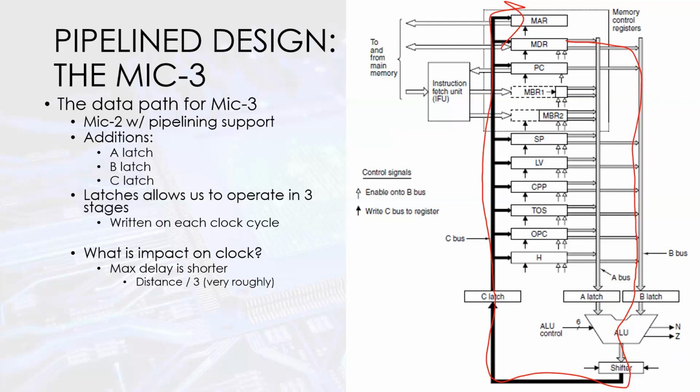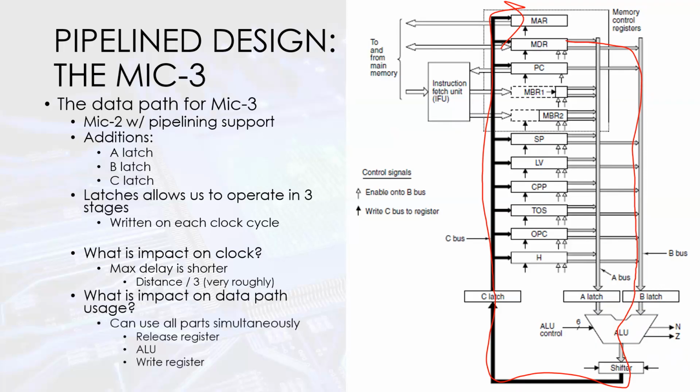It may or may not be exactly a third, depending on how we're able to break it up, but that's the general idea. And the impact on data path usage is that now we can use all three pieces of the data path simultaneously. Before, we were outputting data and executing something in the ALU, but whatever was happening up here was no longer relevant.